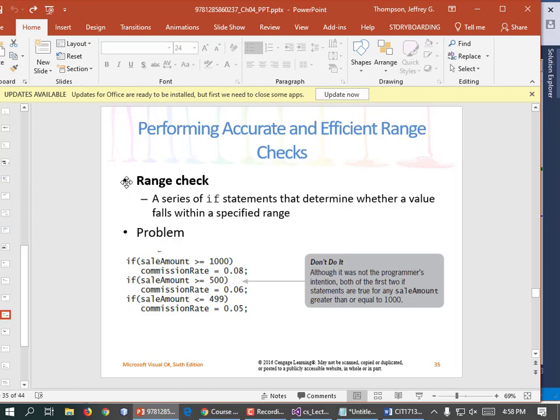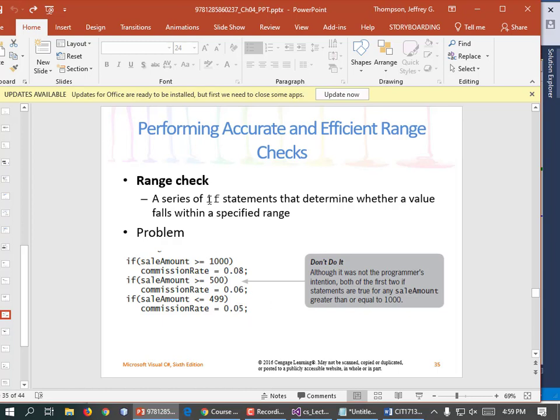So, a range check. It's a series of if statements that determine whether a value falls within a specified range. If the sales amount is greater than 1,000, set the commission rate equal to that. If the sales amount is greater than 500, set the commission rate to that. If it's less than $4.99, set the commission rate to that.